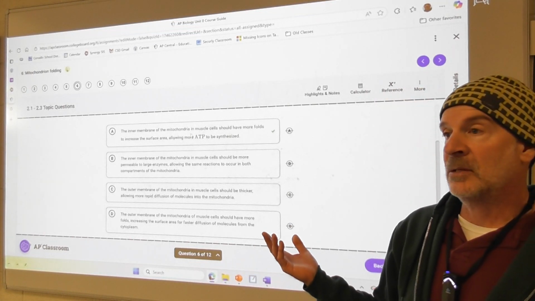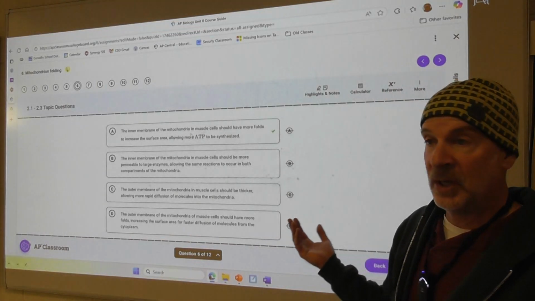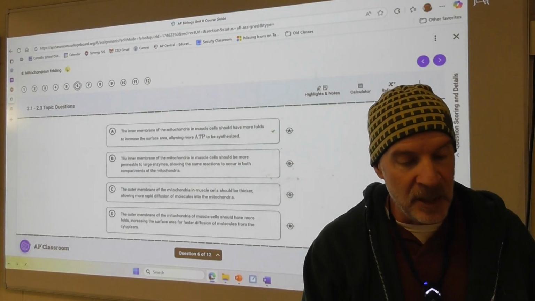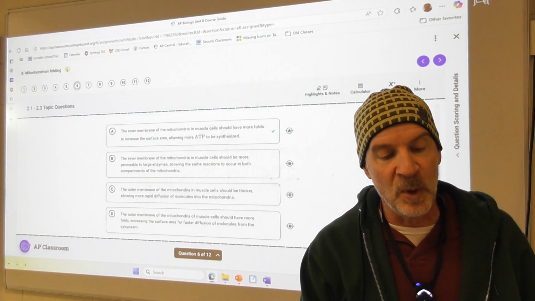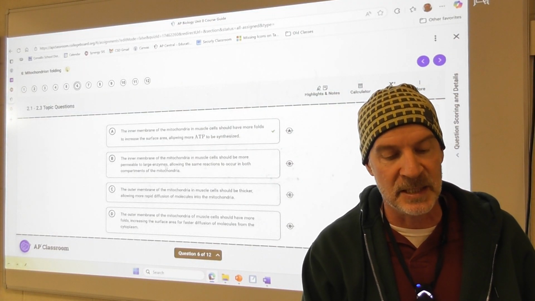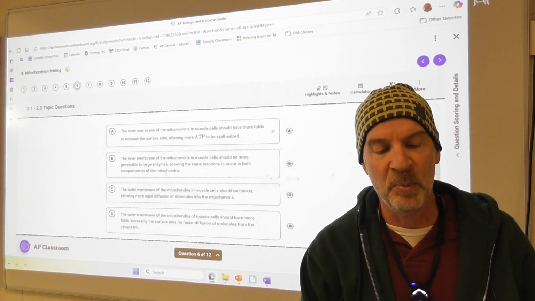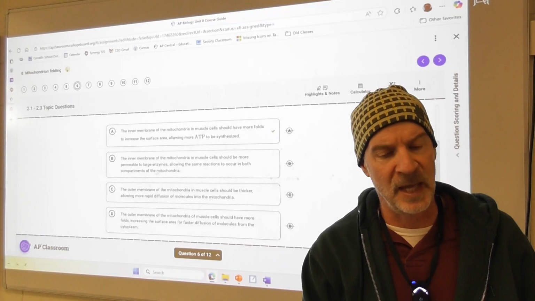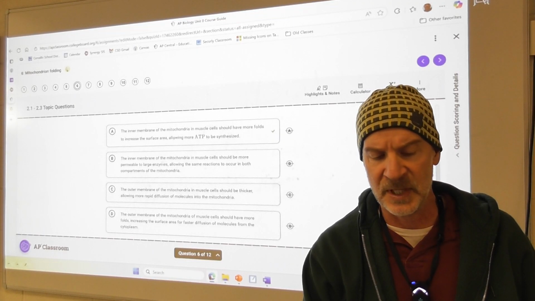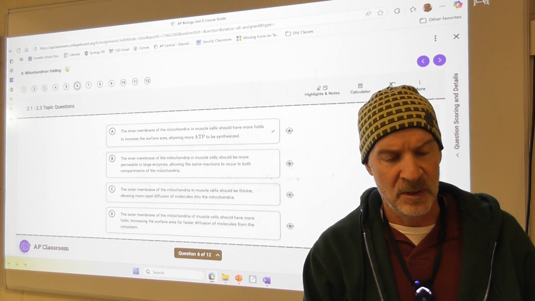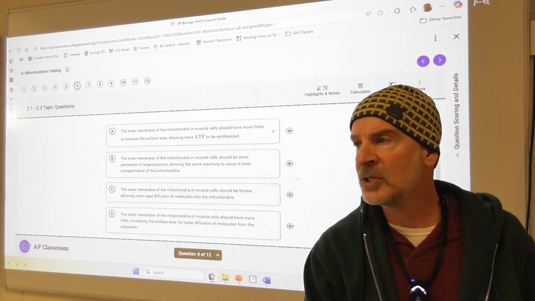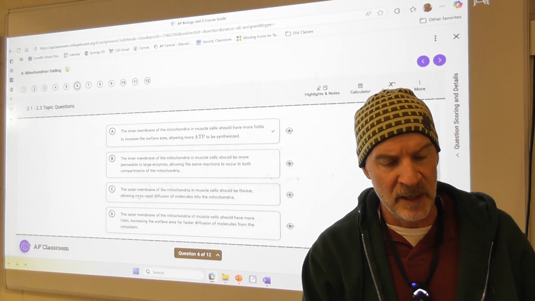That makes sense. I don't know if that's right, but could be. The inner membrane of the mitochondria should be more permeable to large enzymes, allowing the same reactions to occur in both compartments of the mitochondria. I'm not sure that makes a ton of sense to me. I'm not sure why permeability to large enzymes would have anything to do with it.